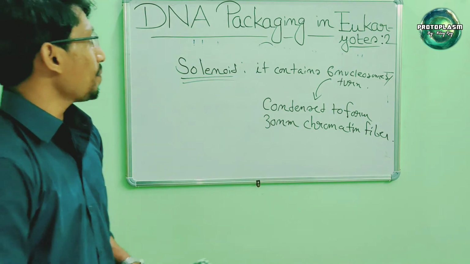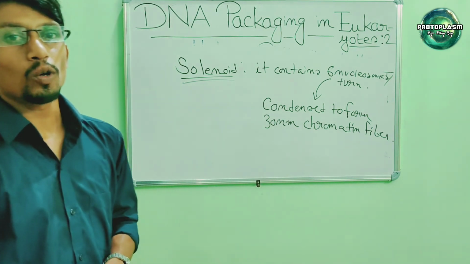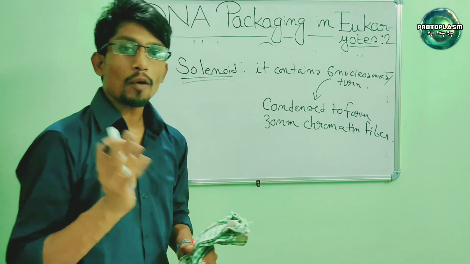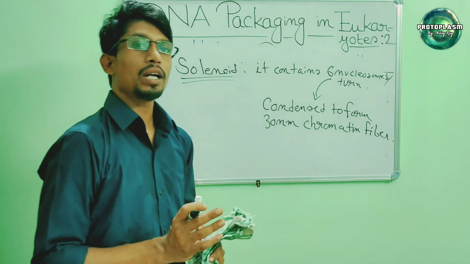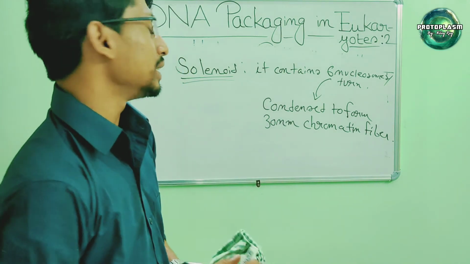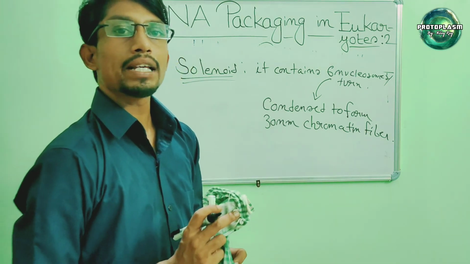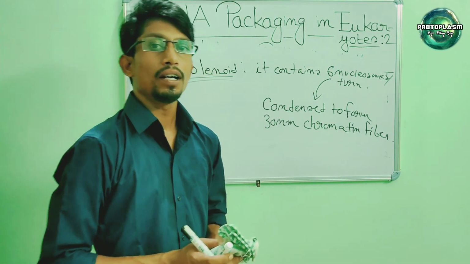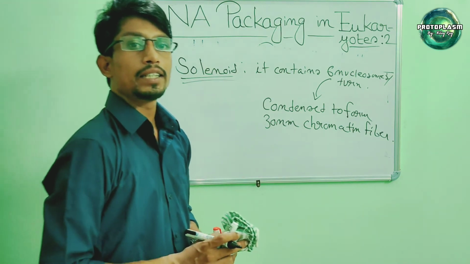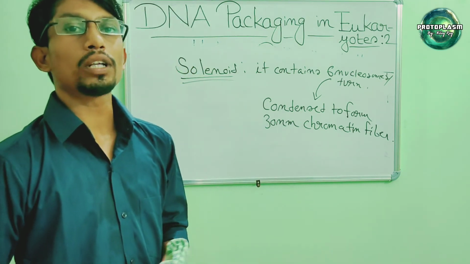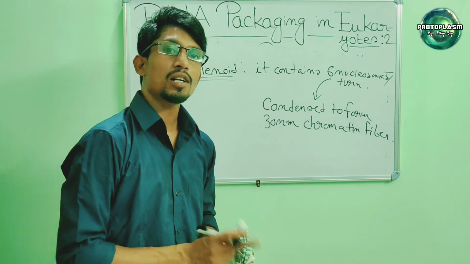Remember, in the last class I told you that chromatin is made of histone proteins as well as non-histone proteins. If you remember, the histone proteins are the basic proteins that are made of arginine and lysine residues, but the non-histone proteins are also a structural part.